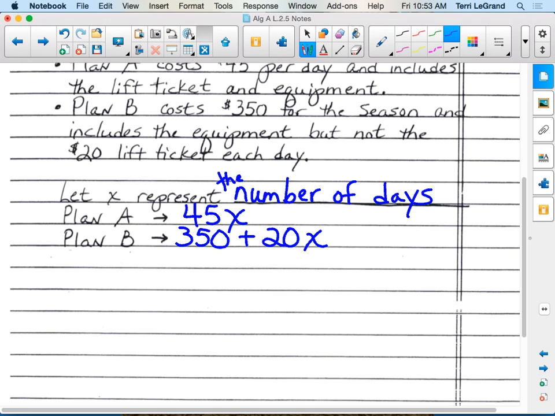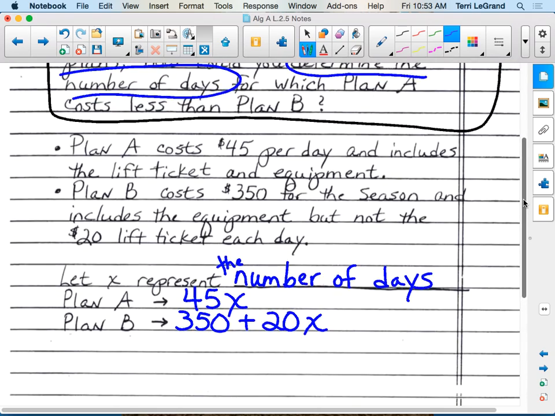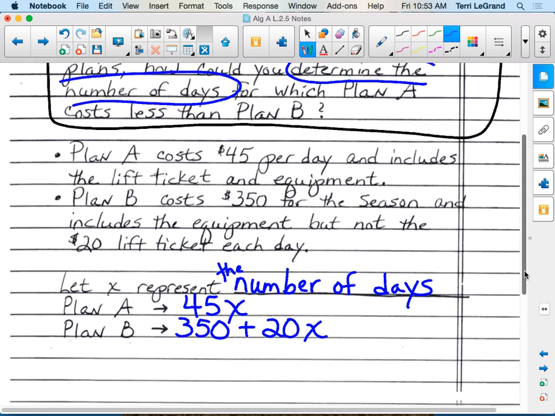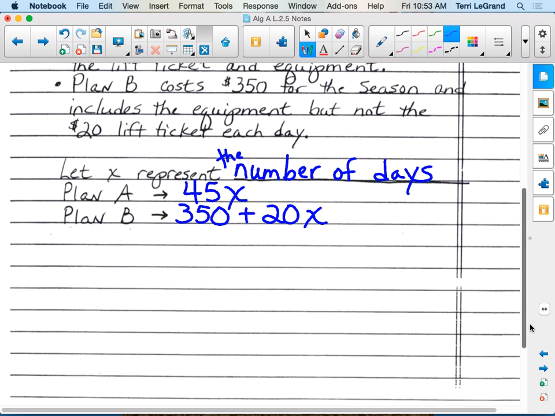Okay, now we're going to go back to what we were asked: determine the number of days for which Plan A costs less than Plan B. So let's put that in words first. Plan A needs to be less than Plan B. Then we'll substitute in our algebraic expressions.